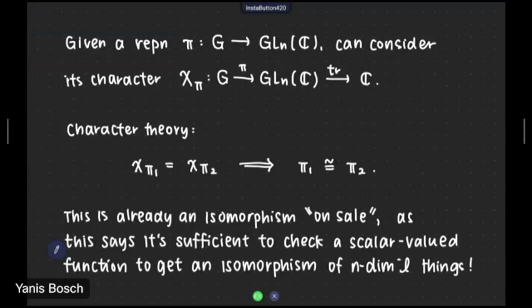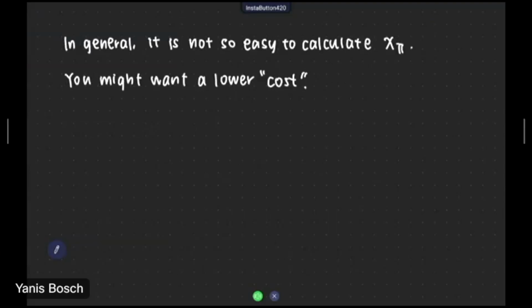Okay. But in general, it's not so easy to calculate these characters. And so if you're trying to prove that two representations are isomorphic, it actually might not be so easy to tell whether their characters are the same. Part of that is that when you write down the character of a representation, the shape that formula takes very much depends on how you came across that representation.